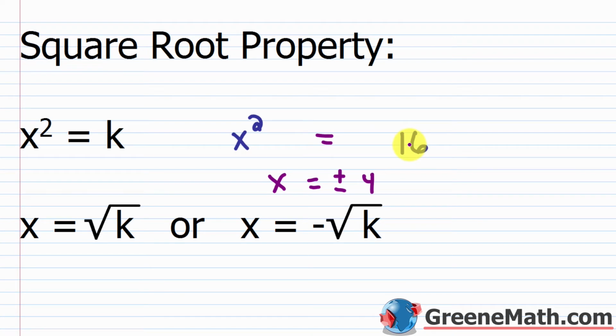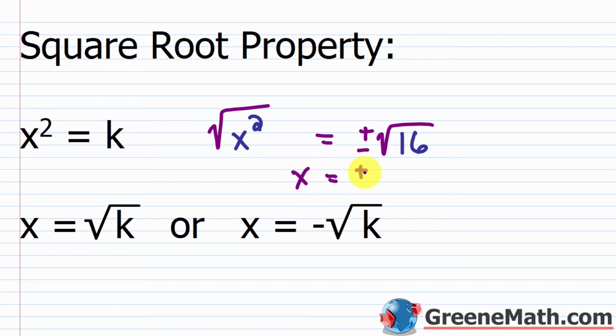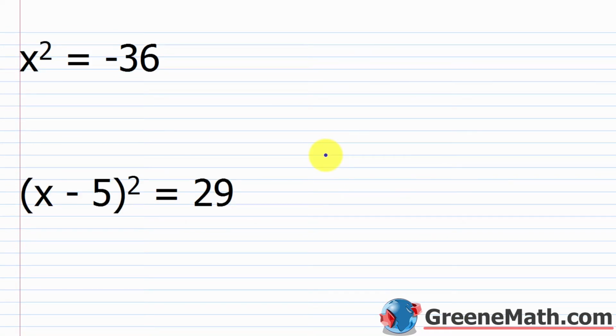So when you go through and you solve these things, make sure that on the side over here with your number part, you go plus or minus and then the square root of that, okay? That's going to give you all of your solutions. Again, in this case, you just get that x is equal to plus or minus the square root of 16, which is 4. So let's look at two examples real quick, and then we'll go into completing the square.